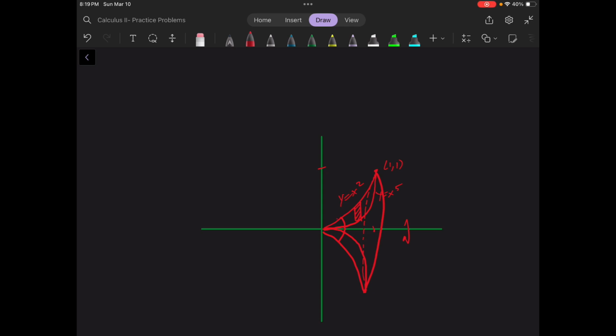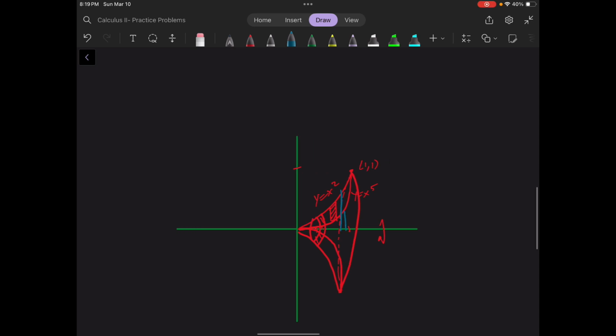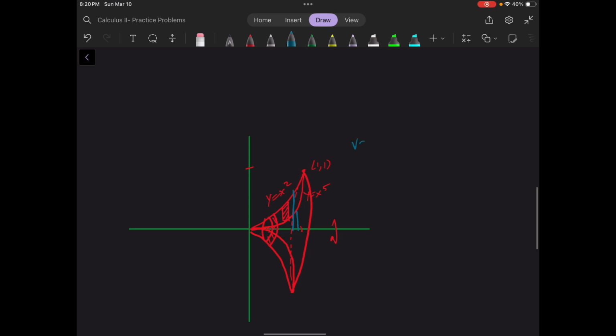But we can see that when we revolve this shape, it kind of makes a disc, right? But then there's this little part, this hole cut out of it, like a washer. So we could see that this is the little radius, and this is the big radius, and both of them are changing now. So volume is equal to π integral, where the slice is moving from and to.